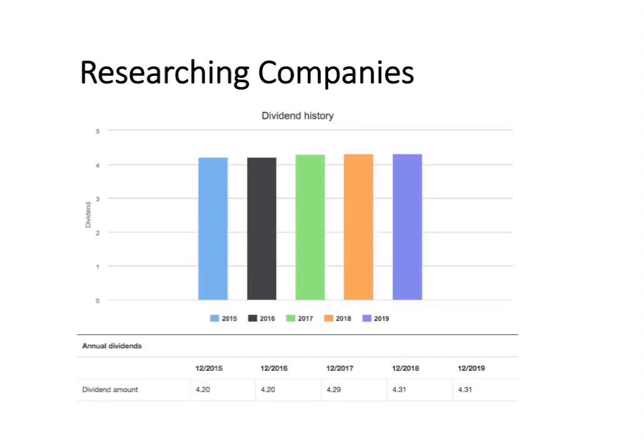In the company information part of the ASX website, you can also get some information on dividend history to see how much per year that they are paying as a dividend. And you can see whether it's consistent or whether the dividend's going to vary.